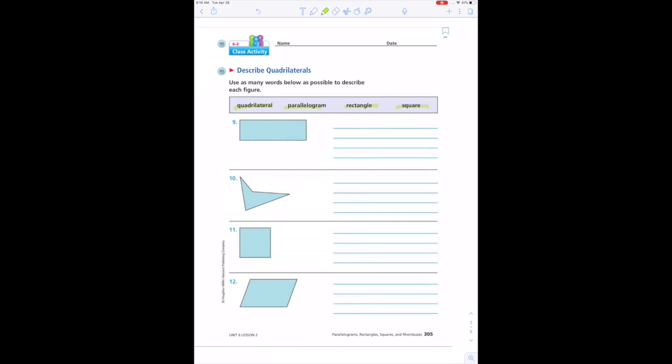But the sides have to be straight lines, right? So, if we look, we're going to see that we have 1, 2, 3, 4. 1, 2, 3, 4. 1, 2, 3, 4. 1, 2, 3, 4. So, I can go through each of these, and I know that they are all a quadrilateral, okay? Because it has 4 sides.